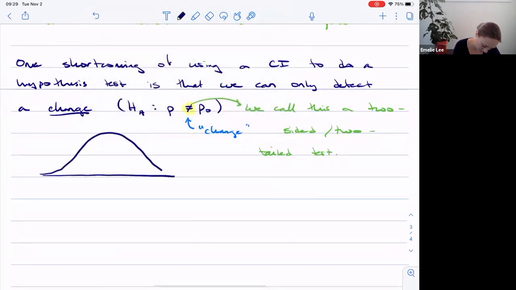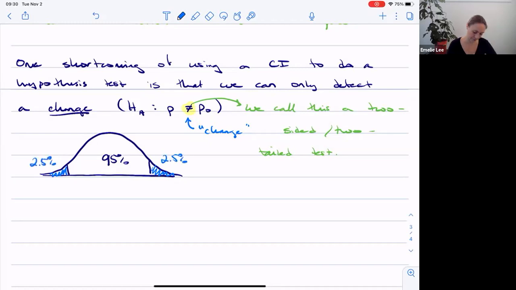If we think about a normal distribution, we've got 95% in here, and then we've got some percentage in the tails. Of course, that's 5% split evenly amongst the tails, so that makes 2.5% in each tail. Okay.